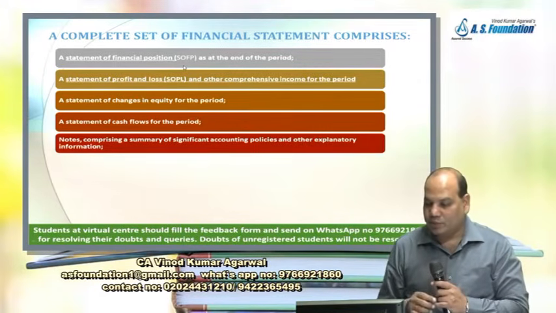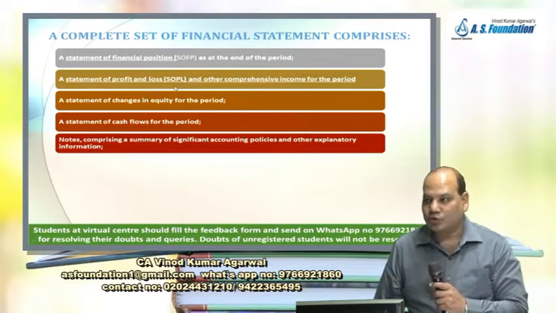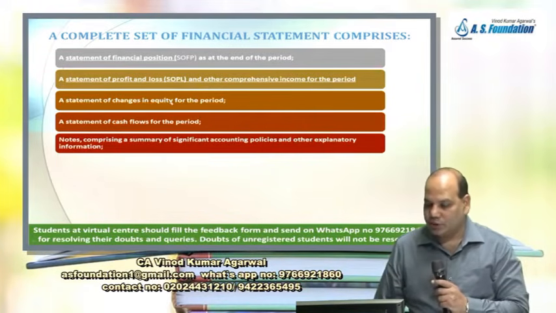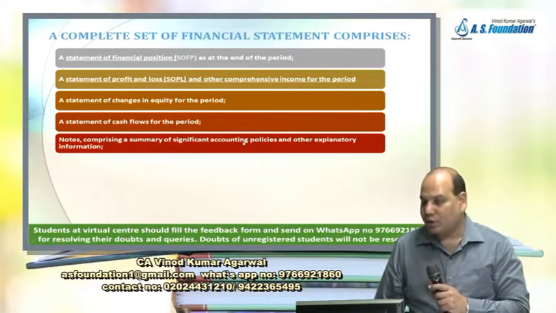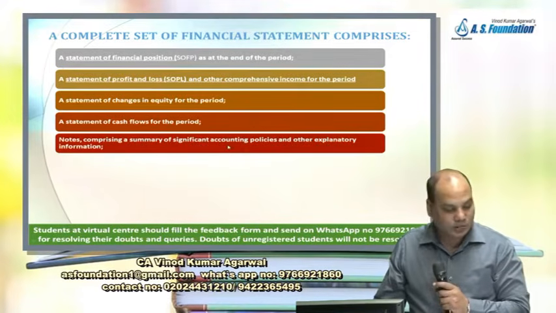A statement of profit or loss, which we will call SOPL, and other comprehensive income for the period. A statement of changes in equity for the period. A statement of cash flow. Notes comprising a summary of significant accounting policies and other explanatory information.